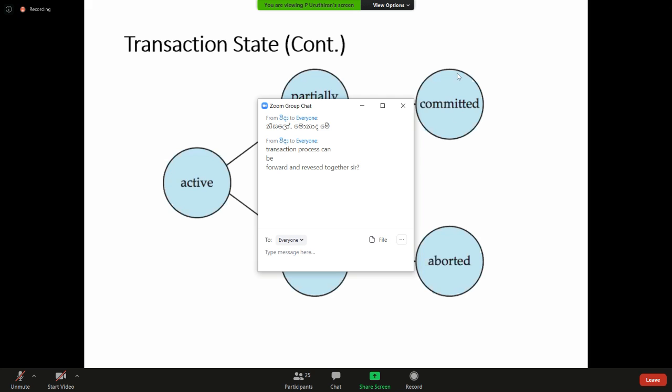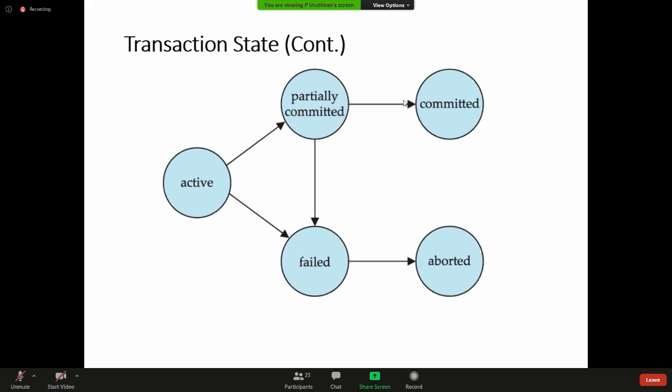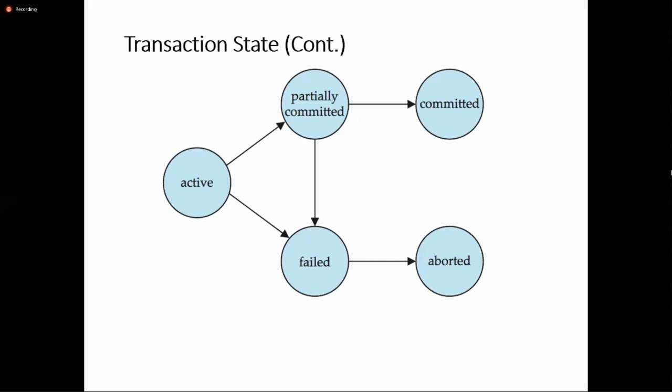You can insert a record, you can update a record or delete a record. That means you can execute many statements for one transaction. But we want to check that the transaction is successfully completed, then the changes happen in the database.